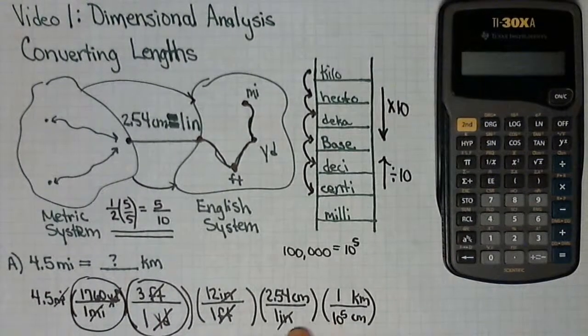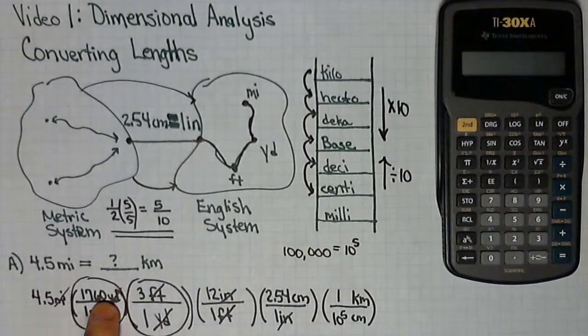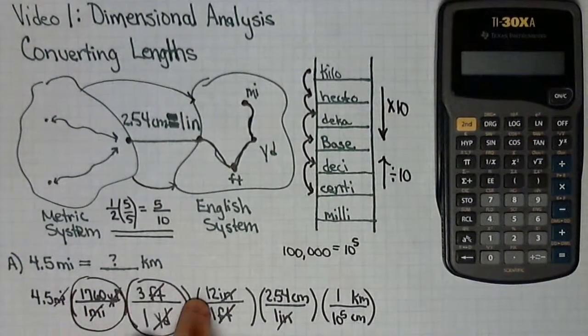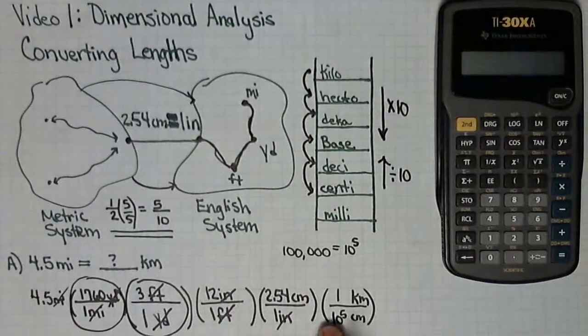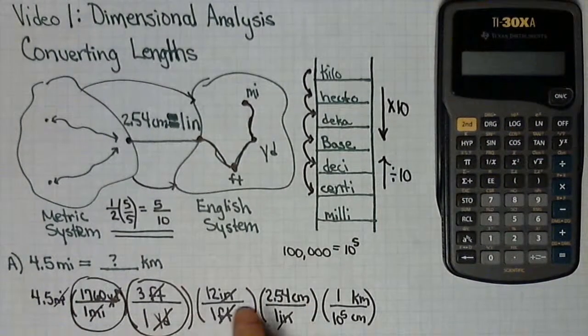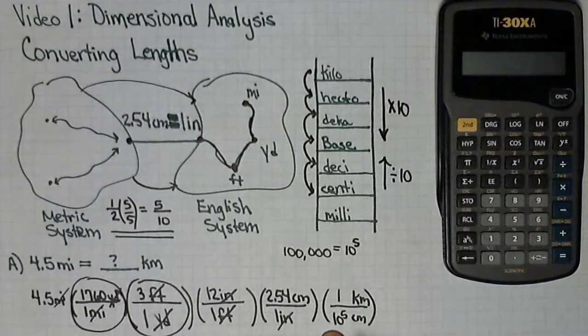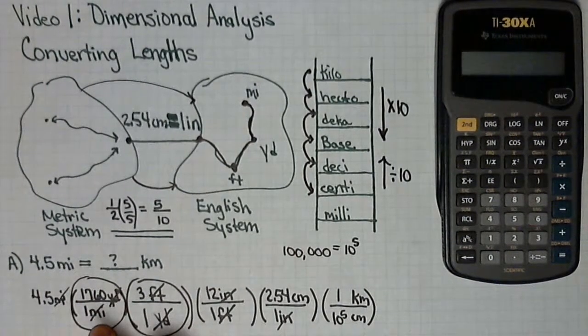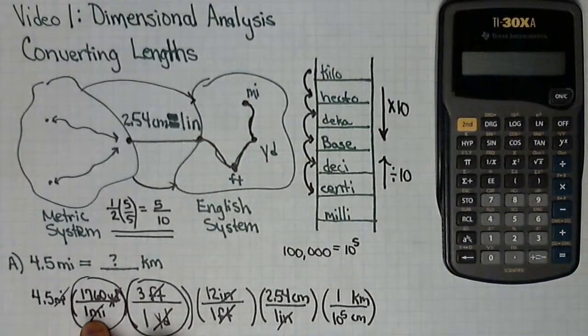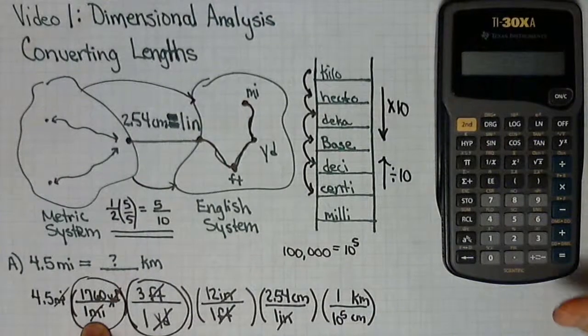So now I'm ready to type on the calculator. And what I'm going to have to do is 4.5 times 1760 times 3 times 12 times 2.54 divide. Notice anytime that I have some number in the denominator, I'm going to press the divide key. So I could actually do 4.5 times 1760 divide 1, but it's not going to be very exciting because division by 1 isn't going to change the value of my number.